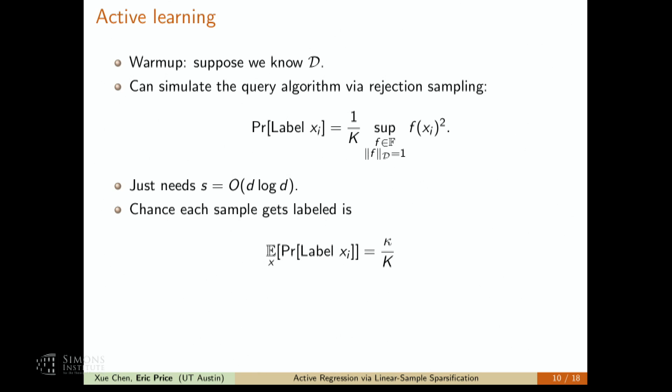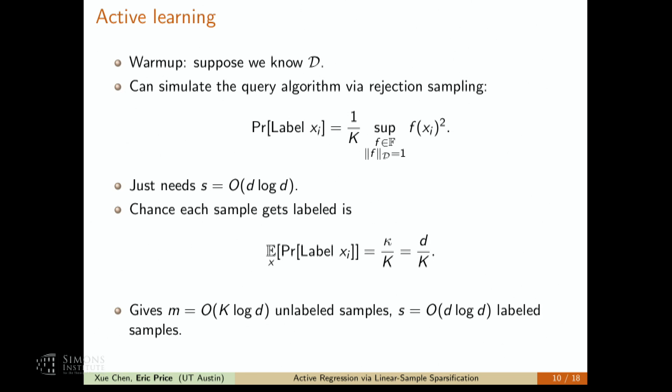That's the expected sup divided by k, which is d over k. So in order to get the d log d samples that we need to have labeled, we just need k log d unlabeled samples. And so k log d unlabeled samples and d log d labeled samples are exactly what we need to get the active learning guarantee in this simpler warm-up where we know the distribution.